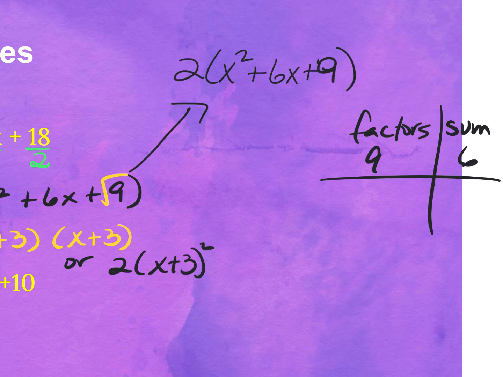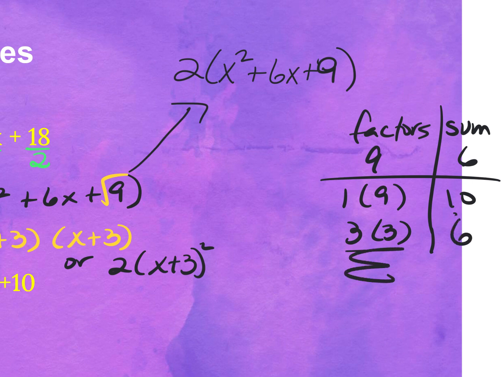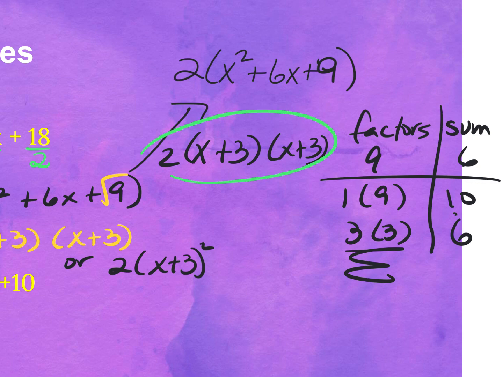So those factors would either be 1 and 9, which gives me 10, or 3 and 3, which gives me the 6. So these are the two factors I need. So then you just take these two and put them right into the binomial. So either way is acceptable here.